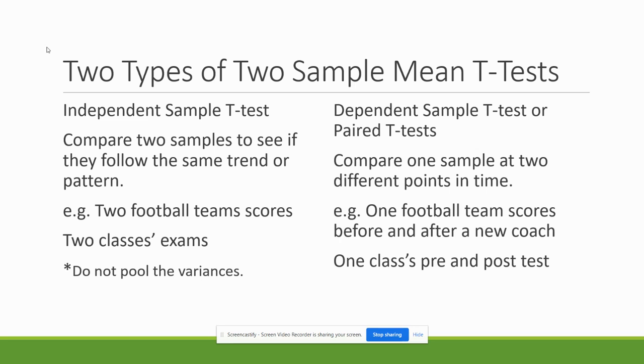Now, for the dependent sample t-test or paired t-test, you're comparing two samples at different points in time. You could look at one football team's scores before and after a new coach, or one class's pre and post test. That is the most common way I see the dependent sample t-test done.